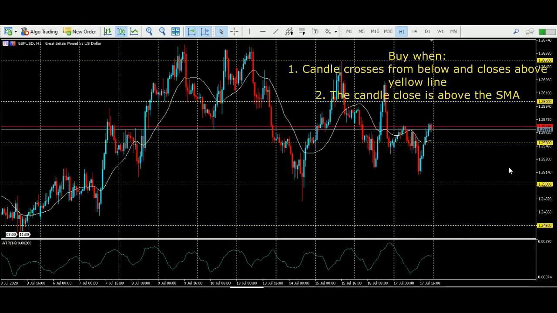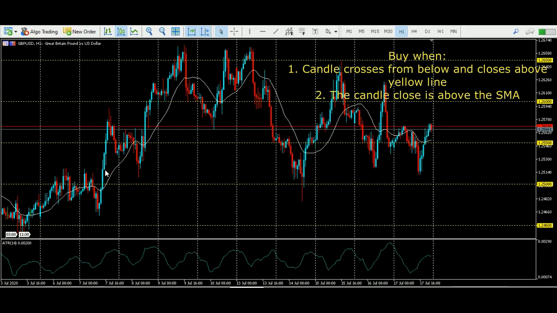We would want to buy whenever a candle crosses these yellow lines. Whenever a candle like this one crosses the yellow line and closes above it, it's very important to wait for it to close. Don't just look out for the cross.